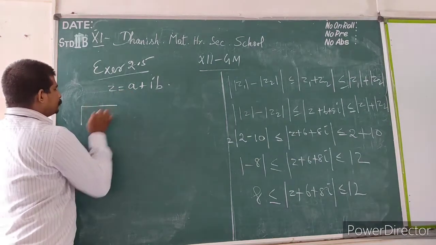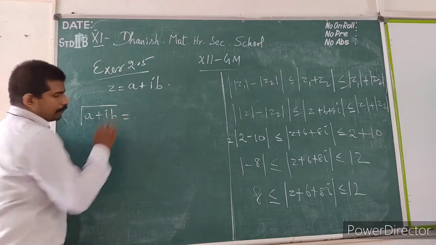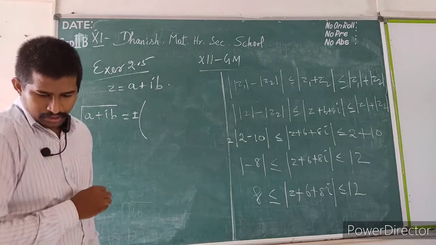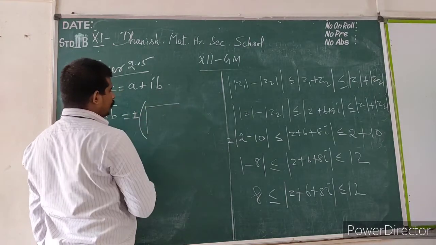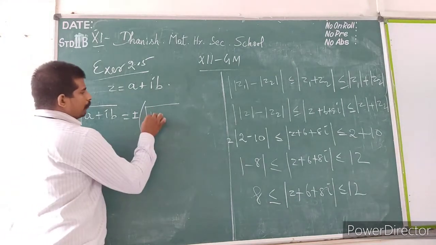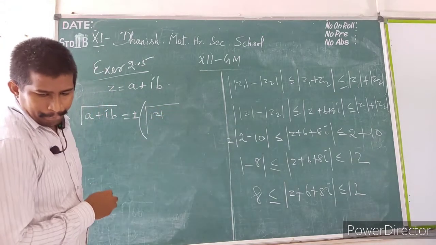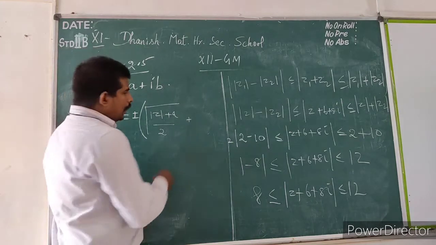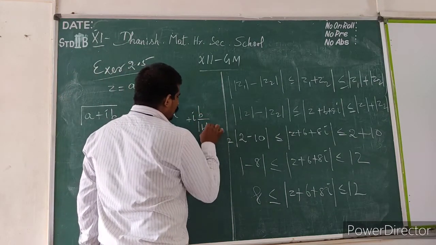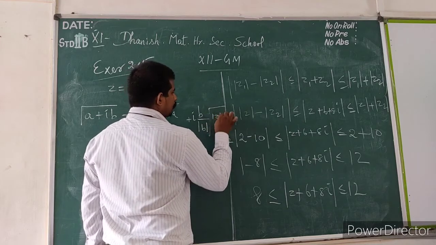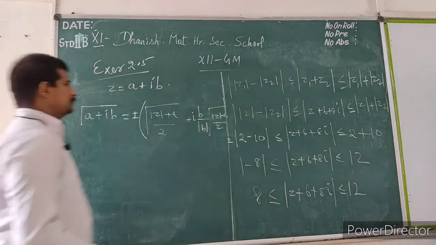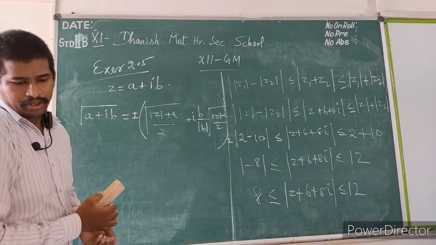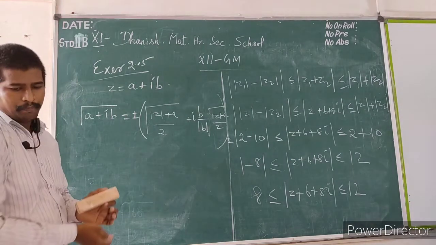Then the square root of this will be equal to plus or minus open bracket root of modulus z plus a divided by 2, plus i b by modulus b times root of modulus z minus a divided by 2. That's it. Here we are going to use this formula for finding the square root of a complex number.